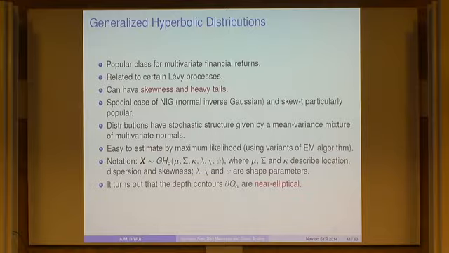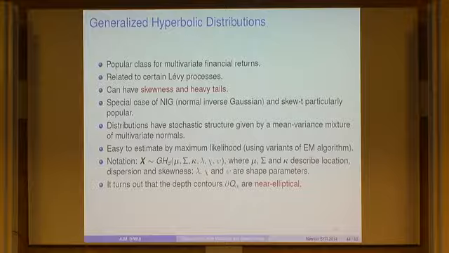There are some particularly popular special cases. You may have seen papers that use the normal inverse Gaussian model or the variance gamma model or skew t distributions for modeling returns or changes in financial risk factors. The stochastic structure is that they can be represented as mixtures of normals when you randomize over the mean vector and the covariance matrix.